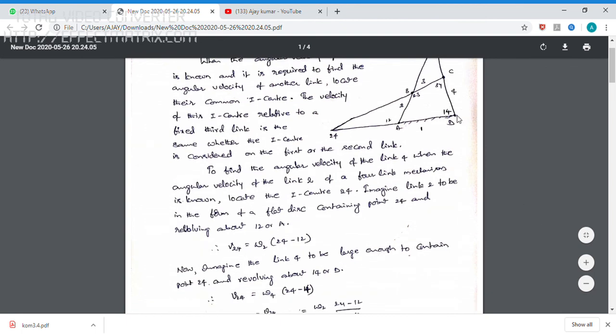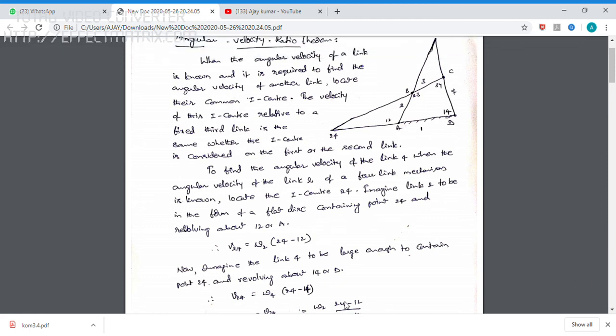So the velocity v4 is equal to its angular velocity into its distance or link length. That length is the 24 to 14 distance. That's why I wrote v24 is equal to omega 4 into the distance between the 24 instantaneous center and the 14 instantaneous center. So finally, I got the two relations.